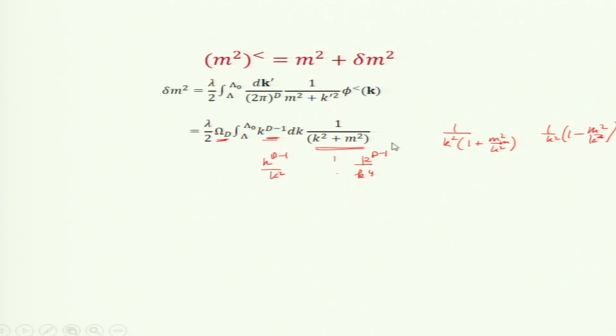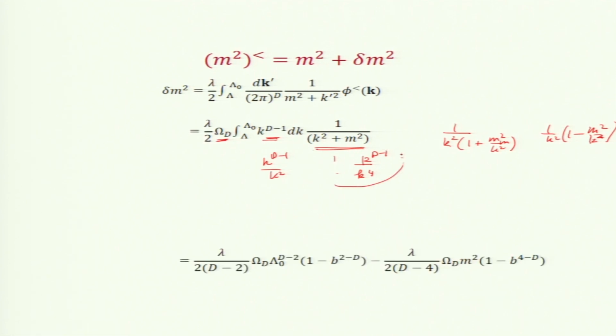What gives you the important contribution is this term. This other term is small, so it is ignored in fact. I will not discuss this in detail, but the term which is d minus 1 minus 4, which is d minus 5. When I integrate k to the d minus 5 dk, I get lambda to the d minus 4 by d minus 4. That is the integral.